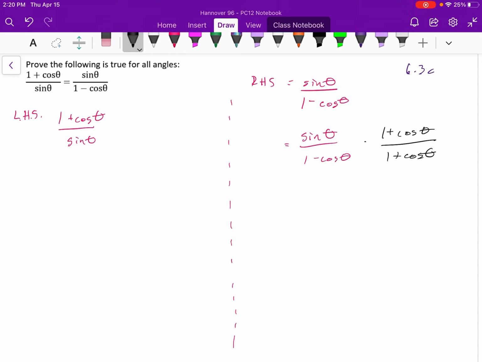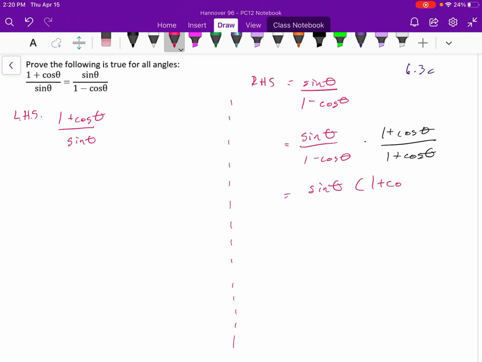Conjugates are really important because when you multiply through conjugate, it turns it into a difference of squares. Furthermore, what maybe gave it a hint? I noticed that 1 plus cosine theta is in fact the conjugate of the denominator. So I'm going to work on, I believe there's a lot of promise on the right-hand side. I could have worked on the left-hand side equally correctly as well. But anyways, what I'm going to do is I'm going to multiply these quantities.